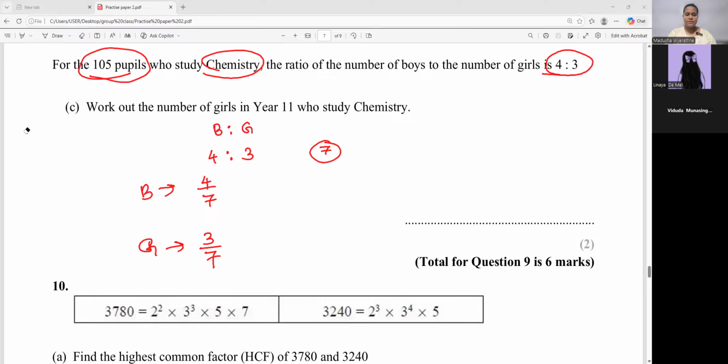Find only girls, no? So multiply 3 over 7 by 105. If we want to find boys, multiply it by 105. This is the total, 105. Three over 7 times 105, 45 girls.